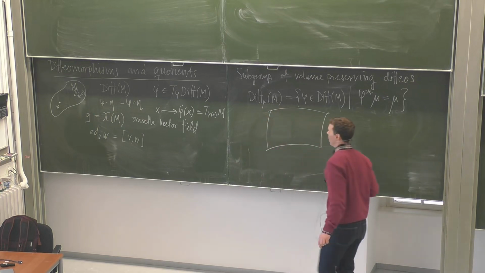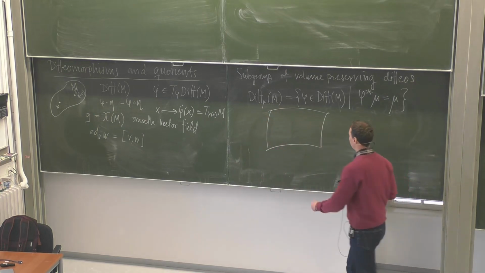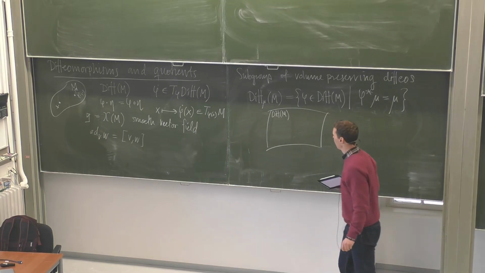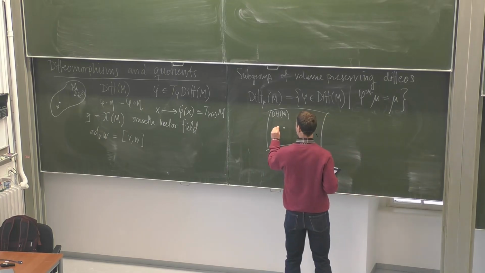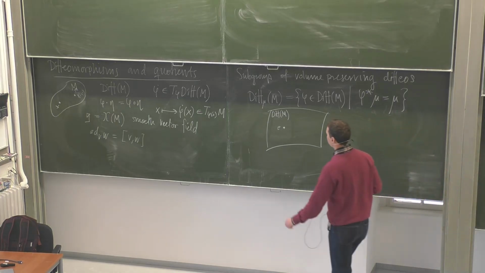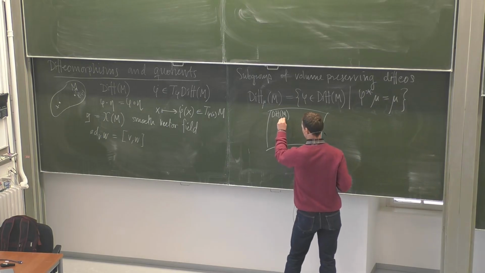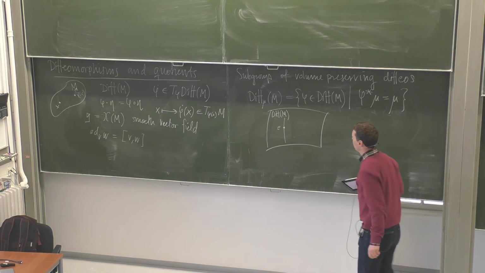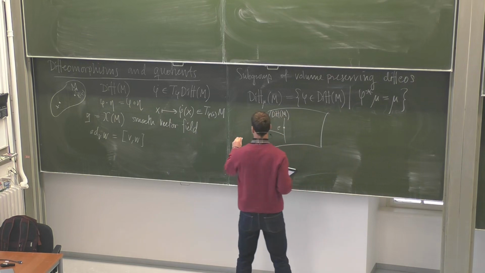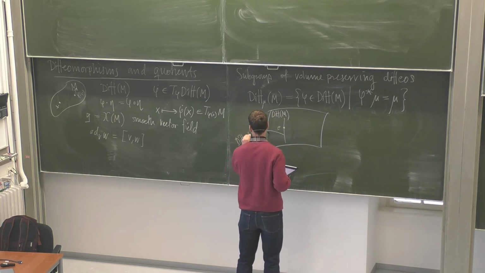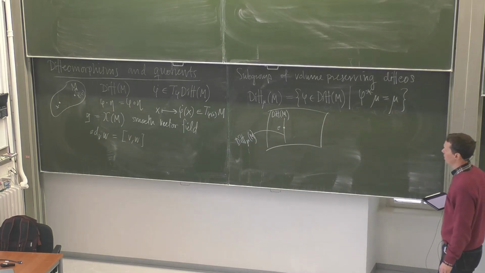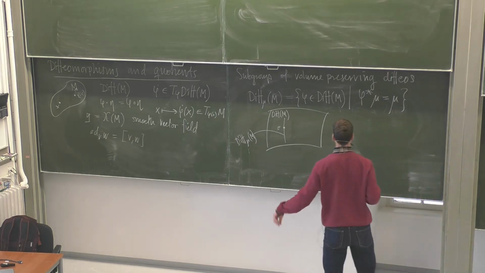So here is the picture that goes along with this. Imagine this is now not a finite dimensional manifold, but this is the space of all diffeomorphisms. The groups are somewhere here. We have the identity mapping. And then we take as a submanifold here these volume preserving ones, Diff_mu of M. And now we're interested in this quotient.